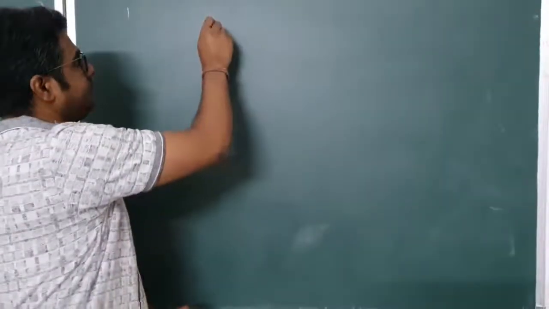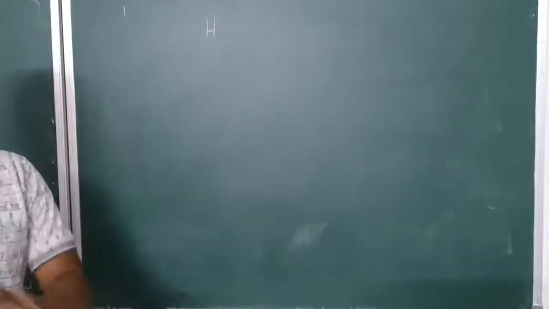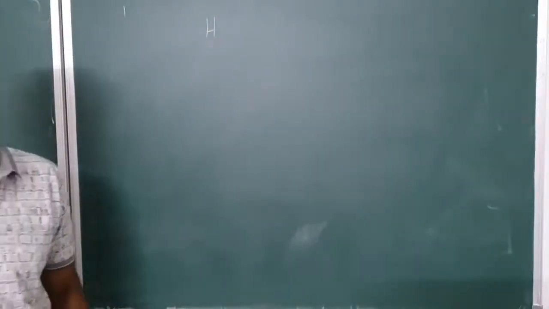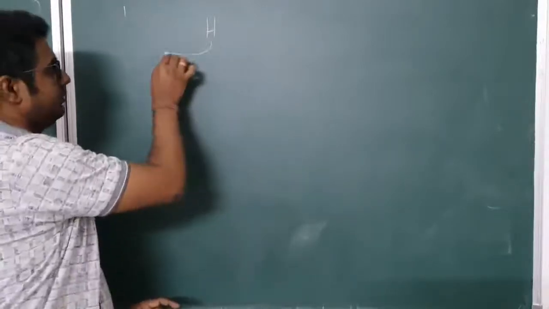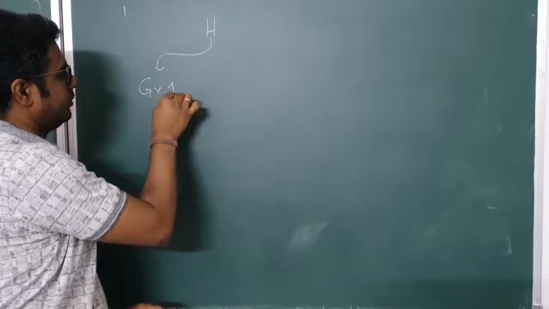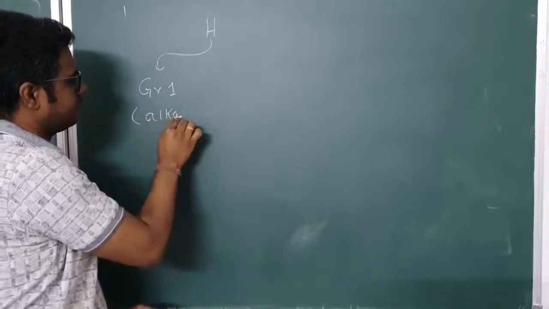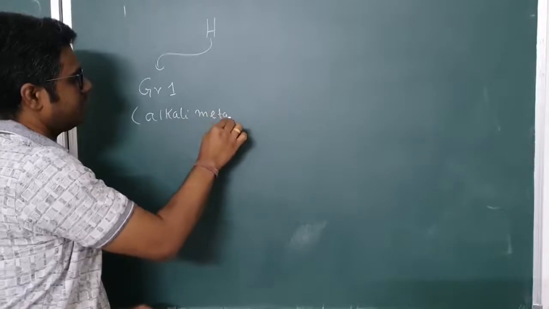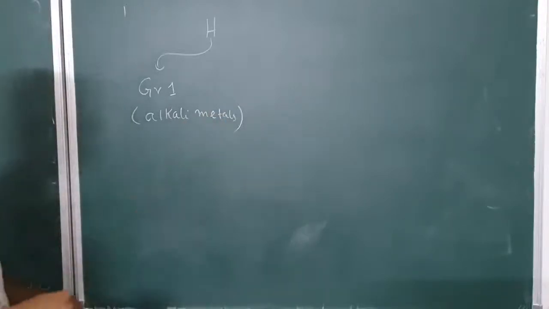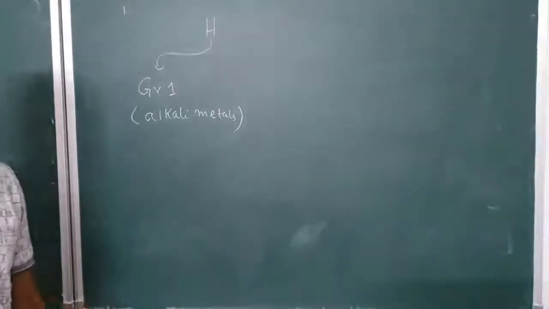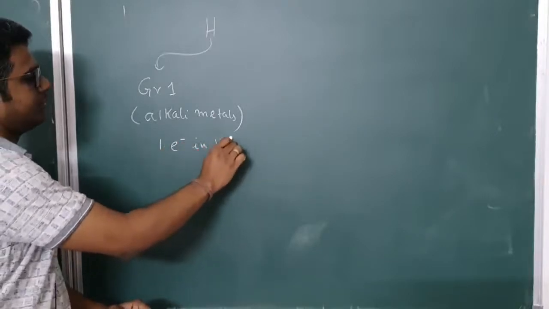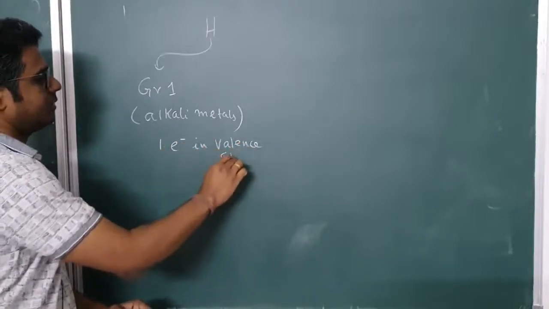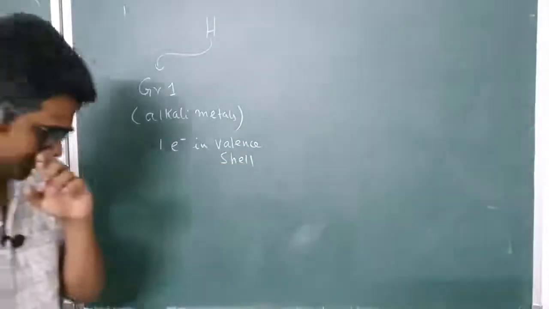Now hydrogen possesses similarity to two groups of the periodic table. One is group 1. Group 1 is also called alkali metals. So normally group 1 elements have 1 electron in their valence shell, okay? Group 2 elements, how many electrons are there in the valence shell?